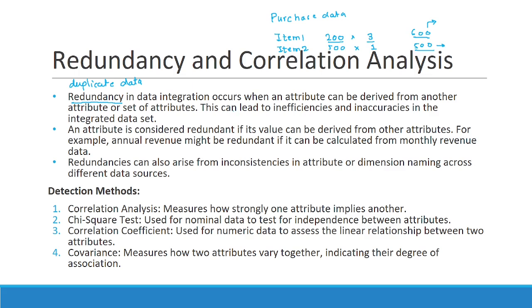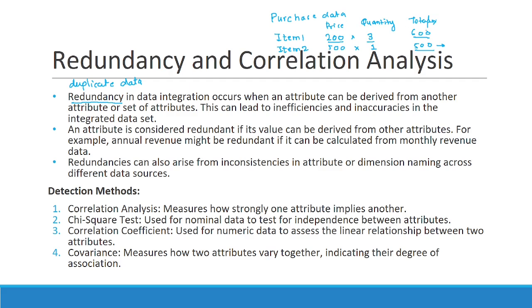So redundancy occurs when an attribute can be derived from another attribute. Here you can see this total is derived from these two attributes, right? This price and quantity, and this is total. So we are deriving this total from price into quantity.